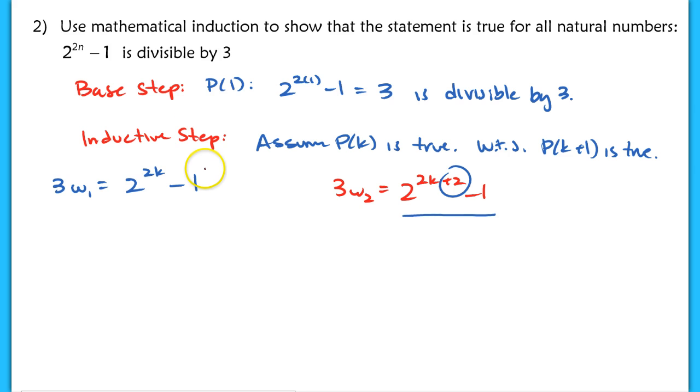If I multiply by 2 squared here on both sides, now I have 2 to the 2k plus 2 minus 2 squared, which is 4, equaling on the left-hand side 4 times 3, 12 times w1. Okay, so this is a little bit of a trickier part here, to make sure you match the exponents correctly. So we had to multiply by 2 squared here instead of just 2.